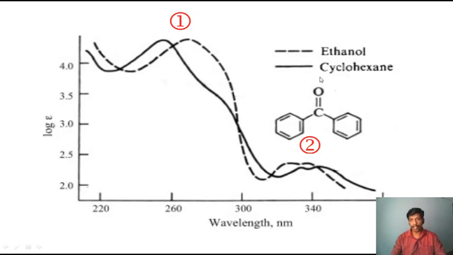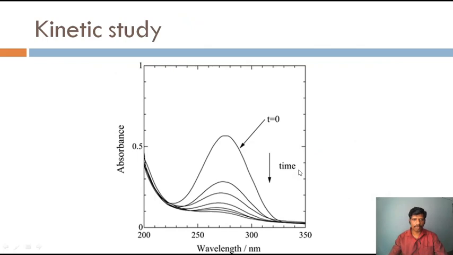If cyclohexane is used as a solvent, you get a different spectrum. Almost the same kind, but there is a shift in the wavelength that you have to observe. That means the polarity of the solvent affects the molecule. This is evidence. These are all things you can observe, right?